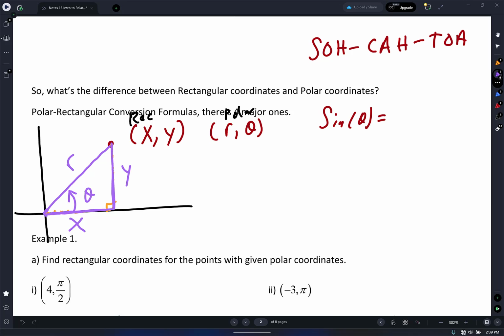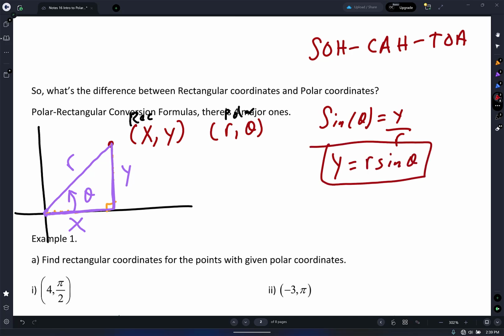So sine theta equals y over r. When it was the unit circle, r was 1, but now we're talking about circles in general. Multiplying by r, y equals r sine theta. This is how you get your y value if they give you a polar coordinate.